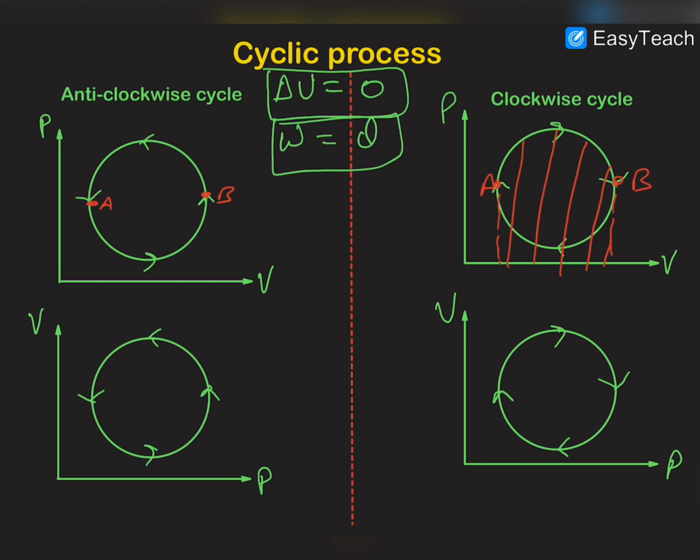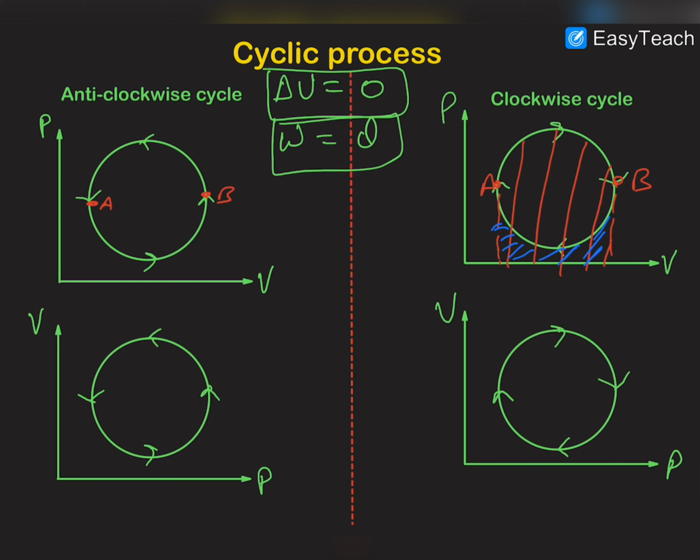And when the gas returns back to the original state through this process, then the area bounded between the graph and the volume axis will be this one. This work done would obviously be negative because this is compression.